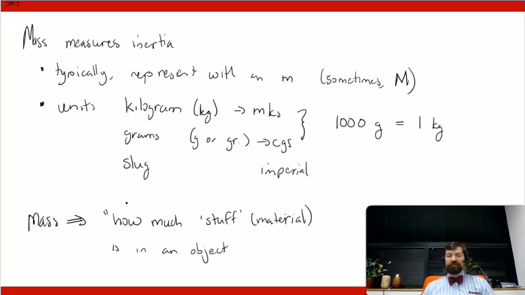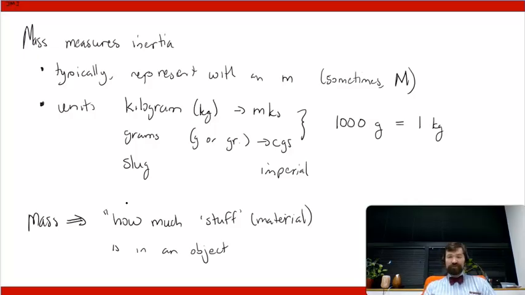It's basically a little bar of metal that's kept in France, I believe. And then NIST has a few supposedly identical bars of metal that they can use as standards. But it's the one that's held in France that actually is the true standard of a kilogram.